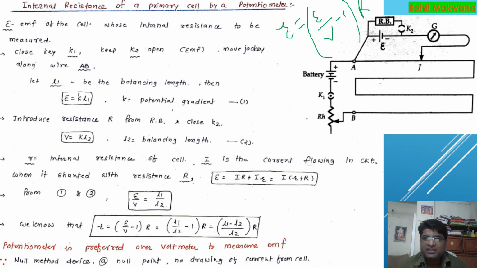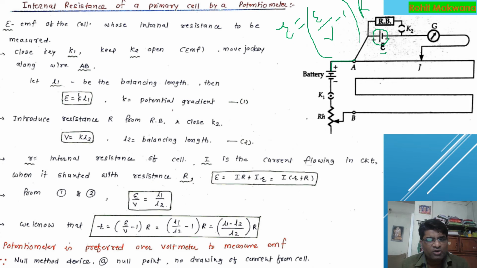So you can see the potentiometer, the A is connected to the positive terminal here, and this is the cell whose internal resistance we want to measure, and the positive of that cell is also connected to A, right? And the positive of this battery is also connected to A. Now, if this cell has higher EMF than this battery, then it will start giving current.